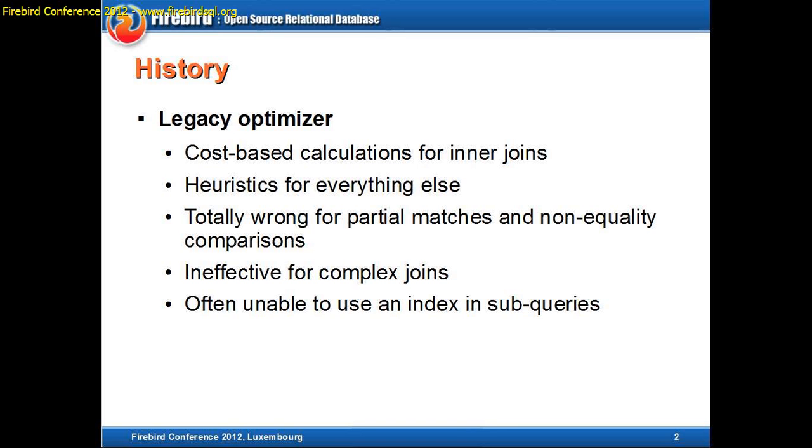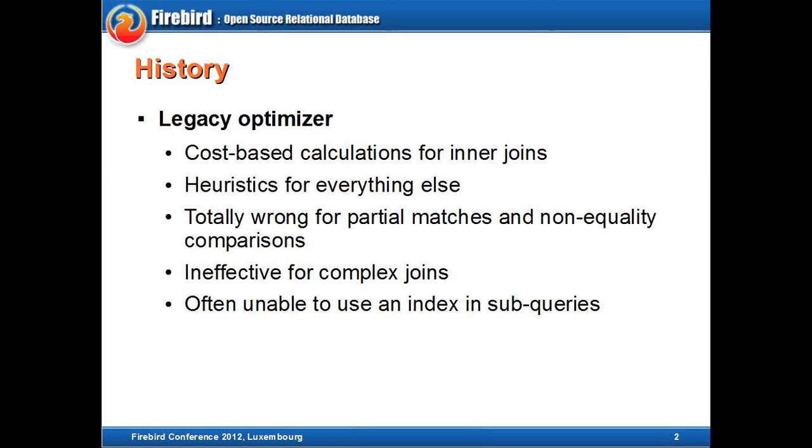But it's actually not the worst part of that optimizer, because that time very complex queries and very nested joins were not really common. Well, I know if you would disagree, but anyway, in the early 2000 and maybe a few years after that, we didn't have such complex queries as now.